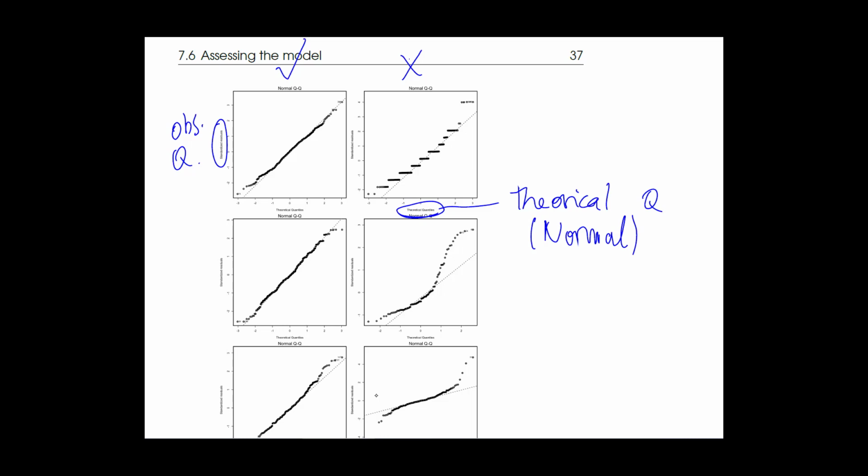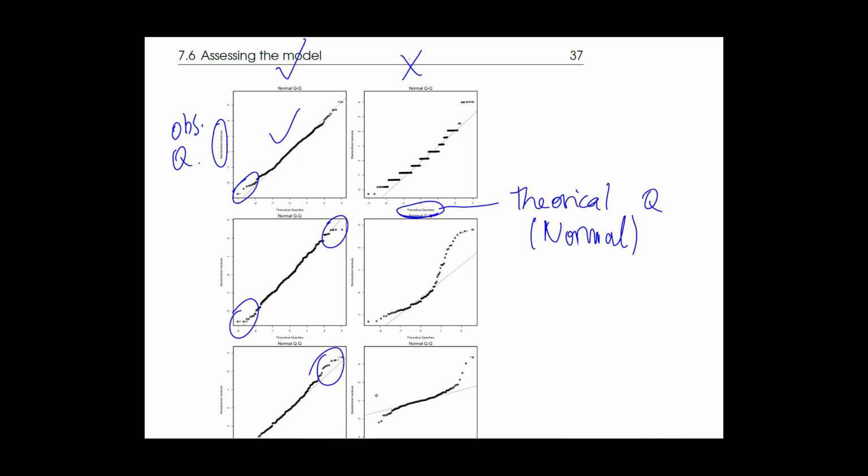Now, these types of deviations at the tails are very typical, and you shouldn't worry about them too much if they look like this. Now, this one's perfect. There's a little bit here, but that's very common, that you have discrepancies at the tails. The second column are examples of bad QQ plots.